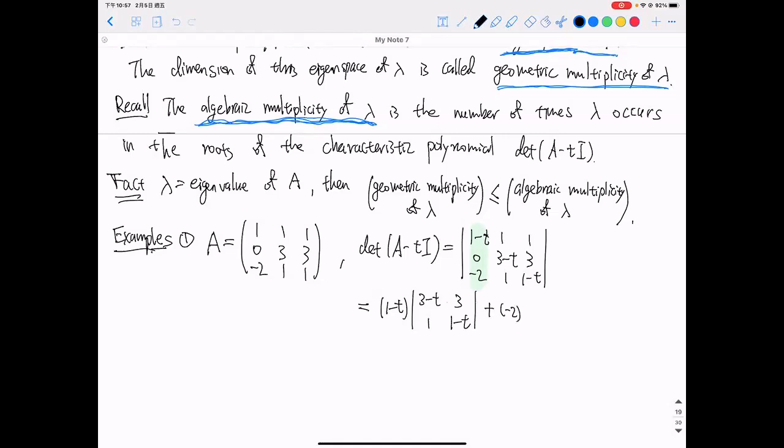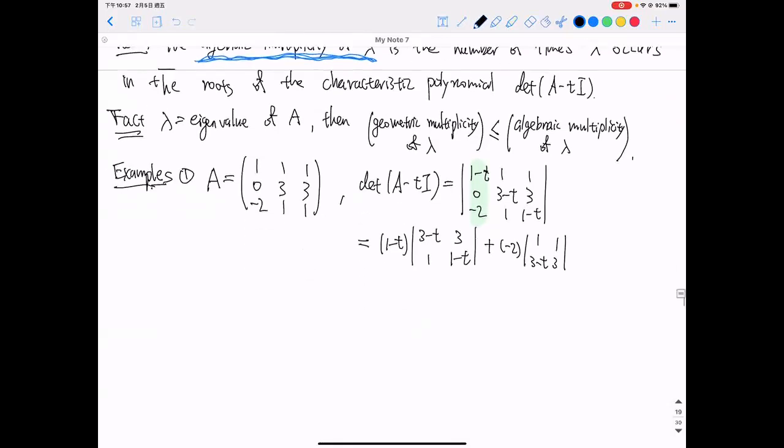So plus 1 times the determinant with 1, 3 minus t, 3, and so on. This is (1 minus t)(3 minus t)(1 minus t) minus 3, plus minus 2 times (3 minus 3 plus t).